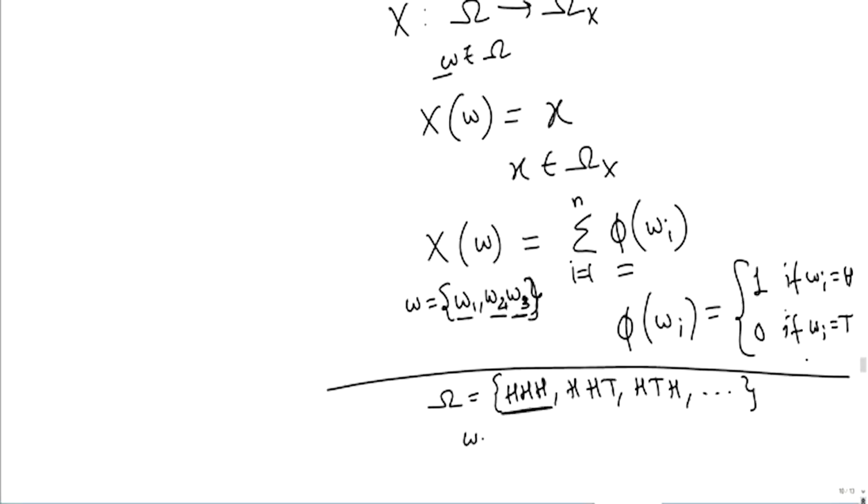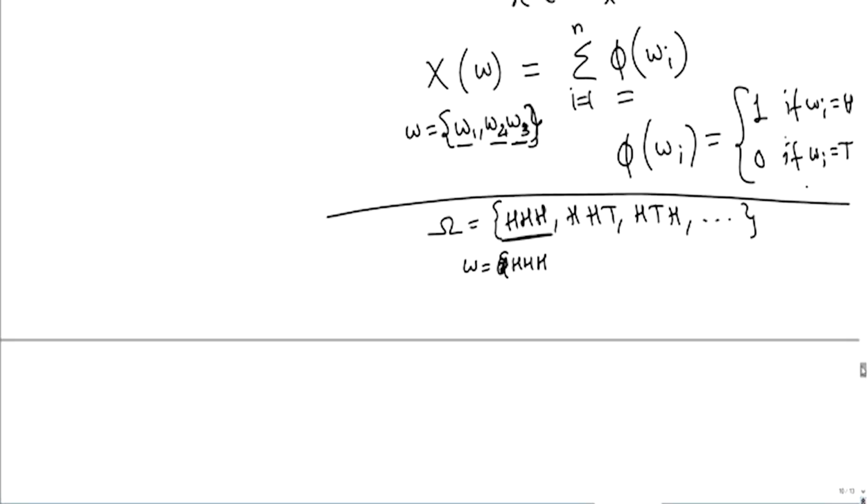So, this is omega. If omega is, let us say, HHH, then you can call this omega 1, this is omega 2, this is omega 3. Think of it as a vector of outcomes on each coin toss.